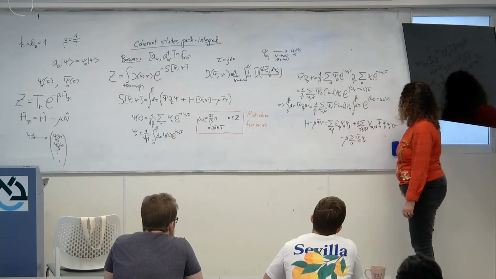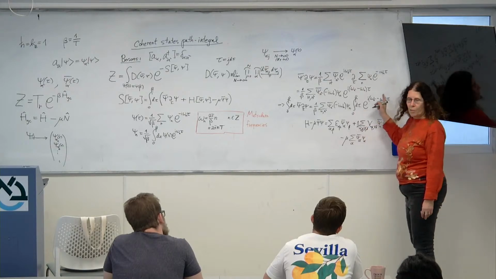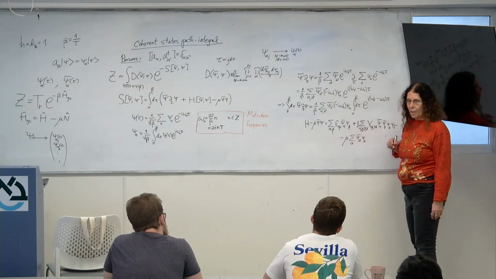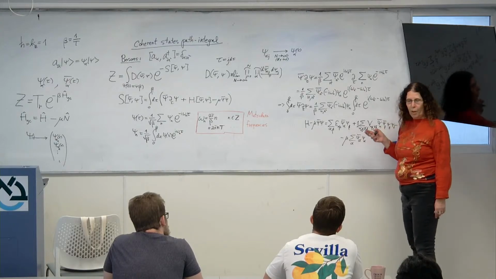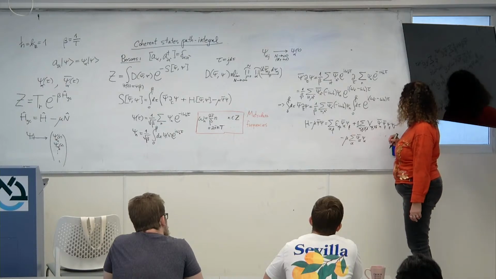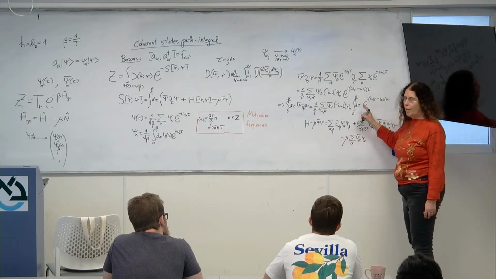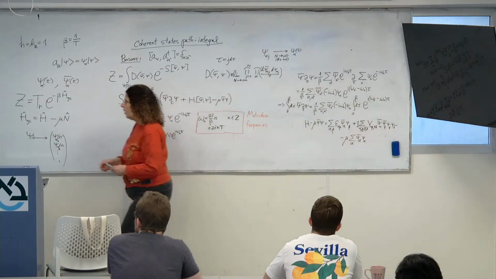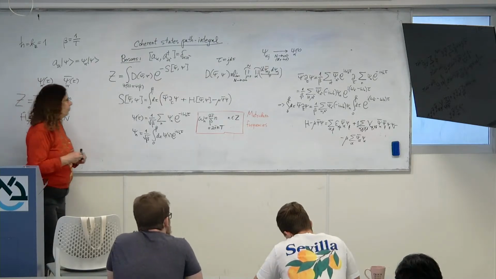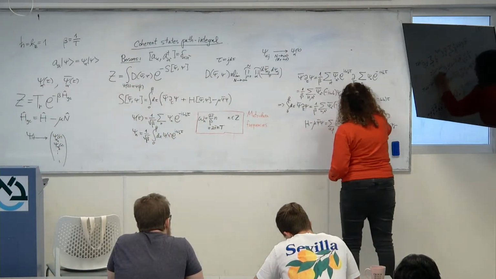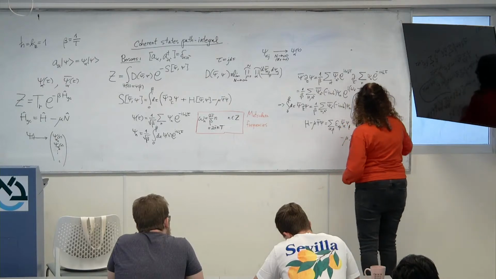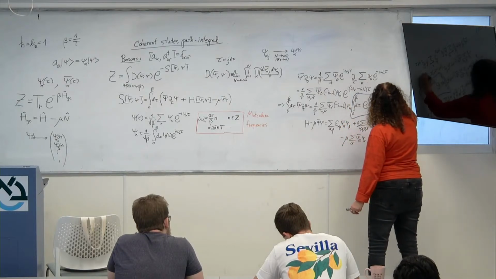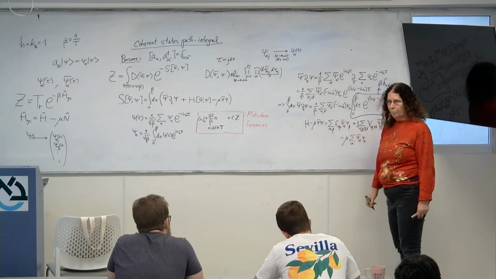Right? So what is the result of this integral? I think you can easily see that it vanishes if n is different from n prime, right? And if n equals n prime, the exponent is 0 and you just get a factor of beta, okay? So this integral gives beta delta n n prime, okay?